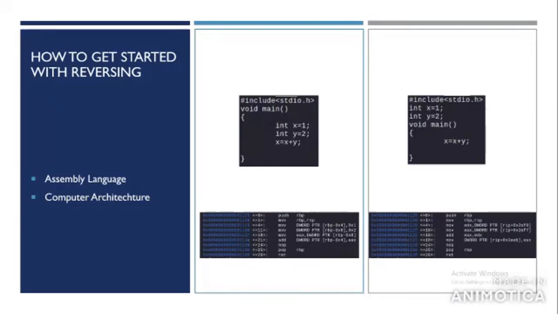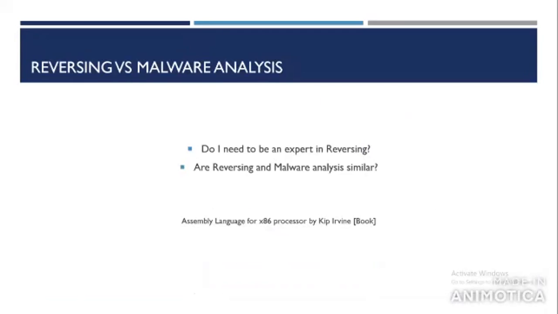I hope it could help all of you. Personally, I have found this book, Assembly Language for x86 Processors by Kip Irvine. It is much easier to understand as a complete beginner. So you could give it a try.